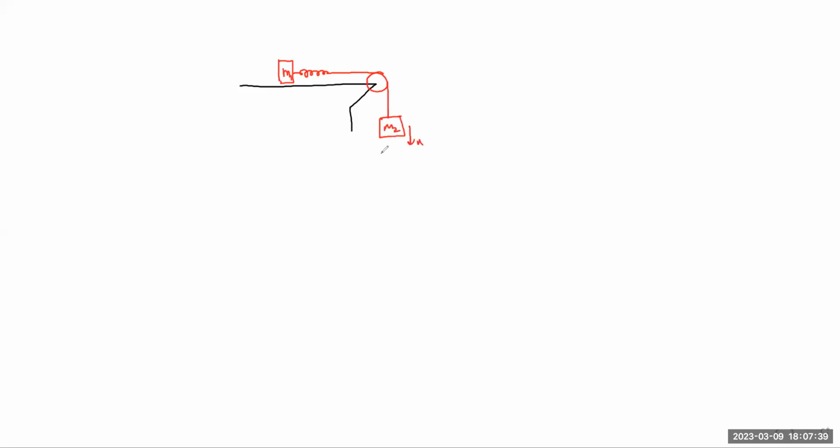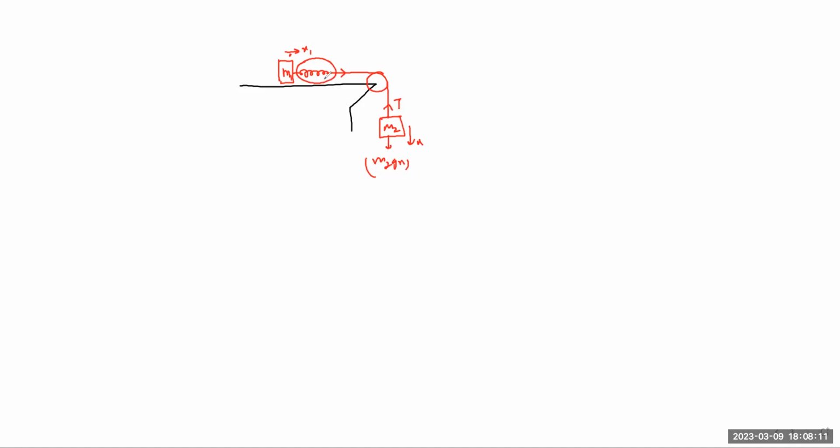If it goes down by X, then gravity will give you energy M2 g X. Tension will take some energy, but now you cannot say the same energy will reach here, right? Because in the path we have an energy storer. Understood? So if M2 goes down by X, let's say M1 goes with some X1.